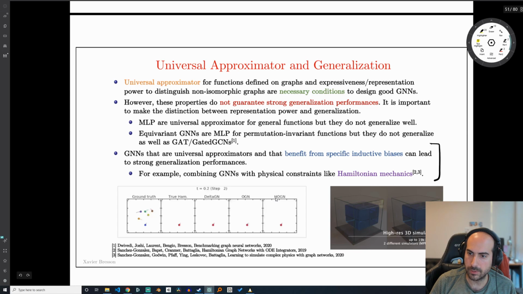Okay, so here, for example, we can include physics.